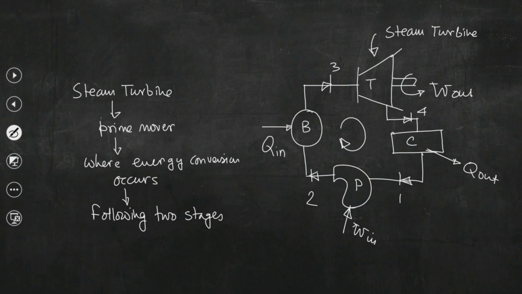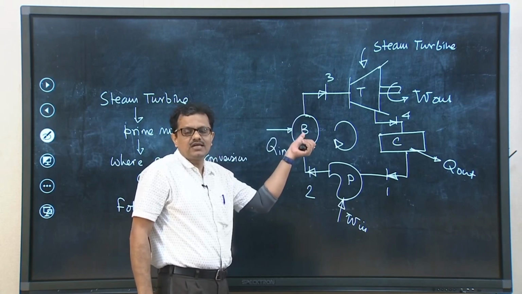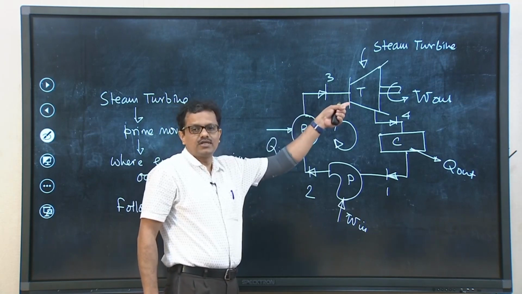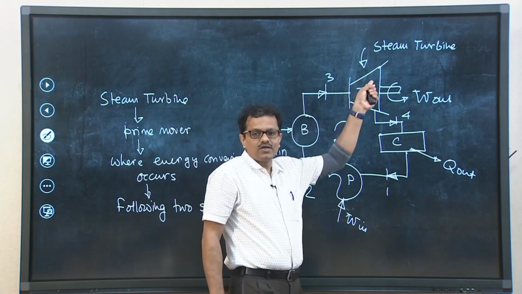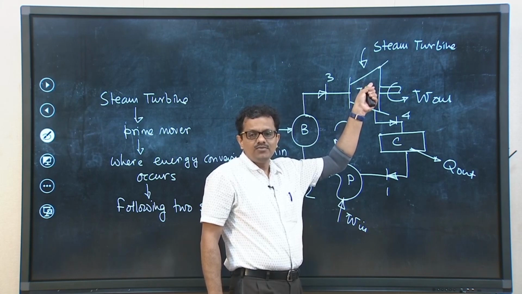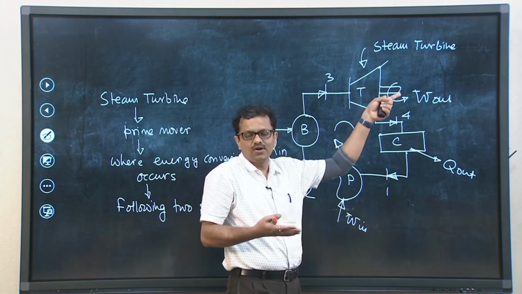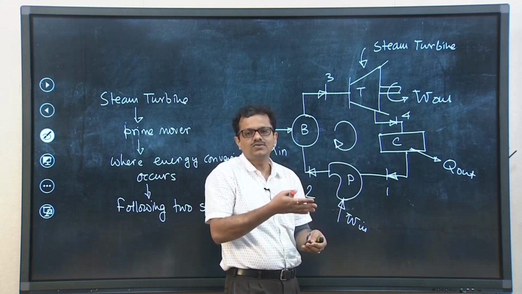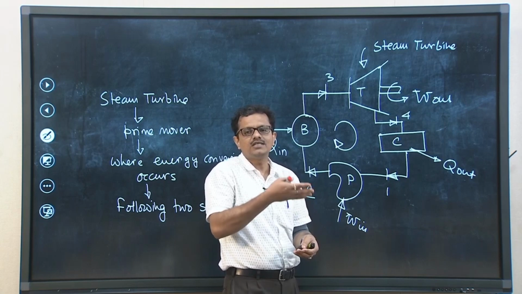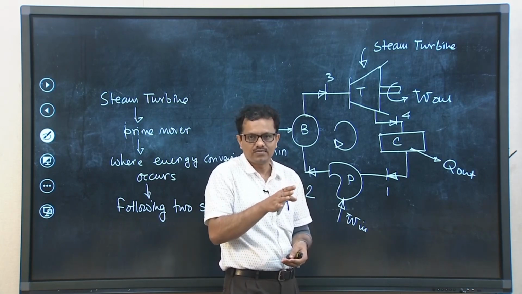Let me tell you that steam produced inside the boiler is not taken directly into the turbine. Instead, there will be a few flow nozzles, and steam will be taken first into the flow nozzle, and while it passes through the nozzle it will expand. The sole purpose of providing the flow nozzle is to increase the kinetic energy of the steam before it strikes the turbine blades.